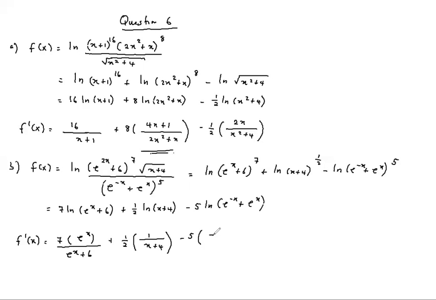The derivative there is negative e to the negative x plus e to the x, over e to the negative x plus e to the x. So this becomes the derivative. If you wanted to simplify further, you can, if it changes anything. So that's how we differentiate.